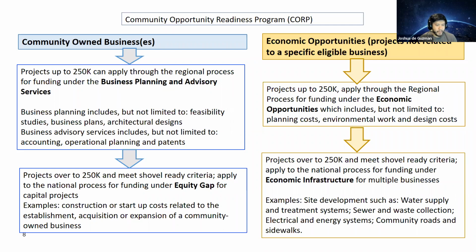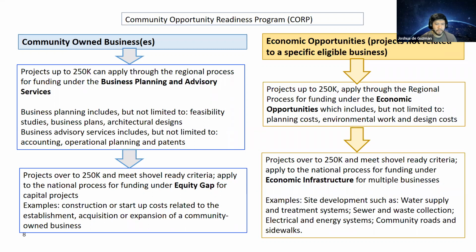And then once those plans are ready and complete, and you have a viable opportunity and it meets the shovel-ready criteria, you'd apply to the national process for equity gap for the single business. So that would be for construction, startup costs, establishment, acquisitions of the business, and things like that that aren't soft costs.